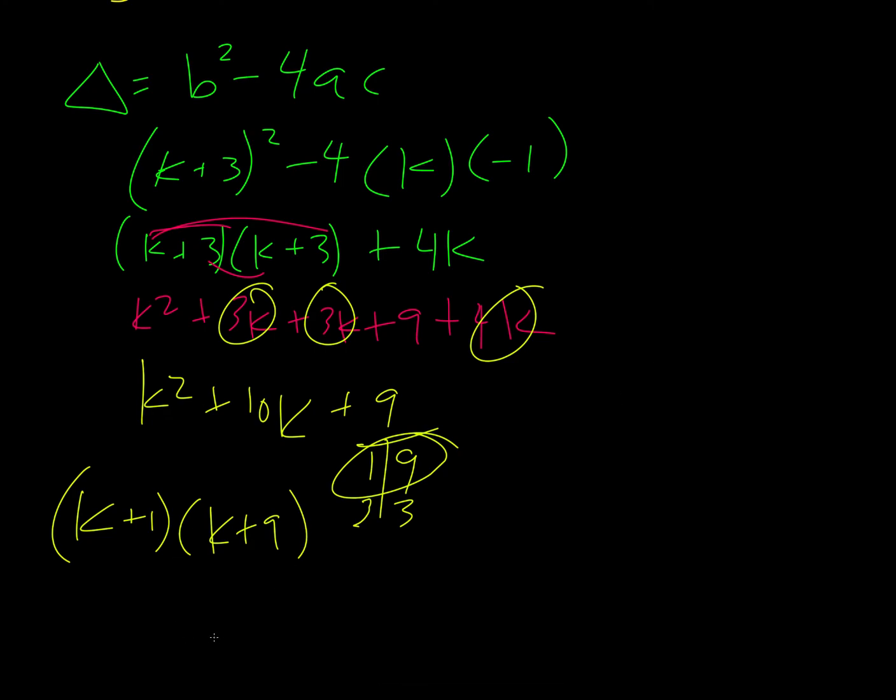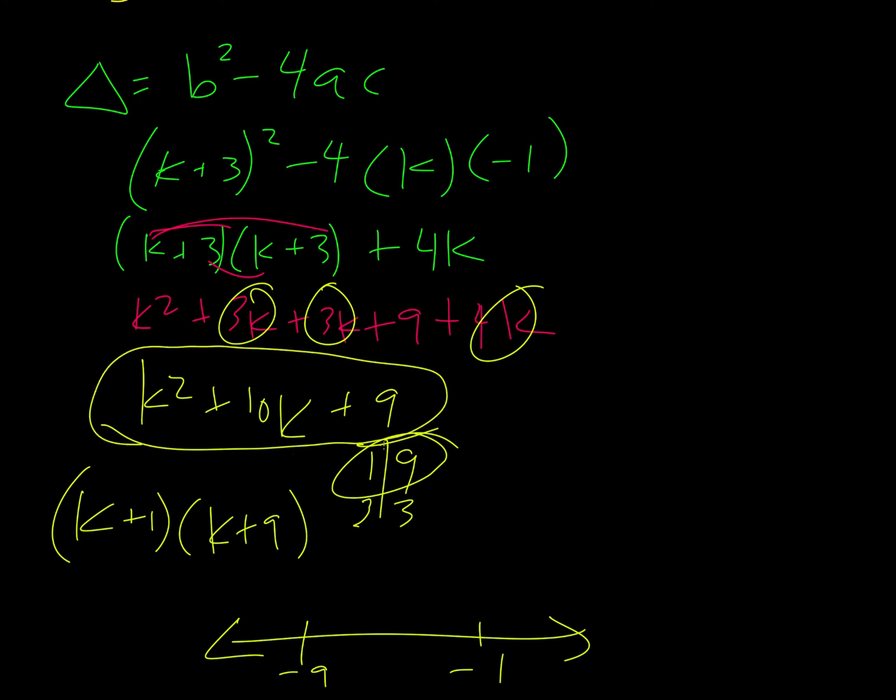Okay, and then we can create a sign diagram. So that gives us negative 9 and negative 1. And if we just look at this one, because that's what our sign diagram is for, that's going to be a positive parabola. So positive, negative, positive. Okay, feel free to go through the little bit longer one if the conceptual thing doesn't work for you.